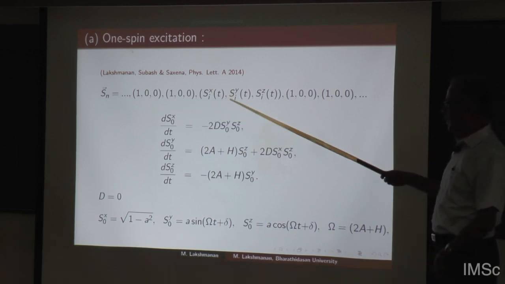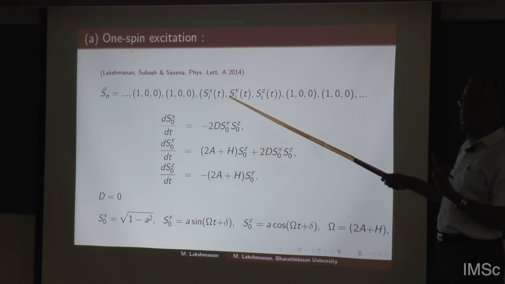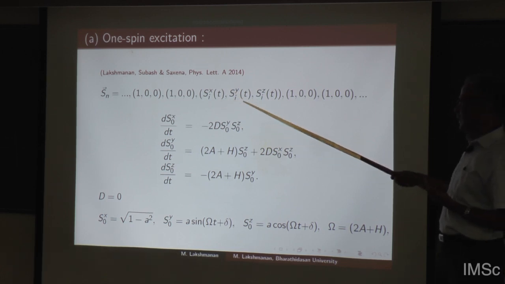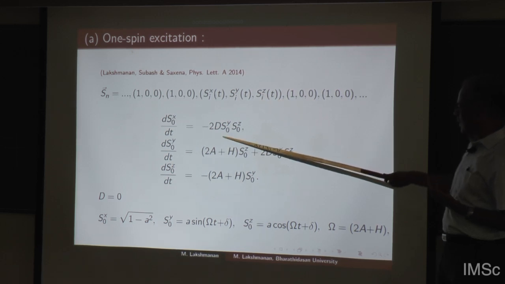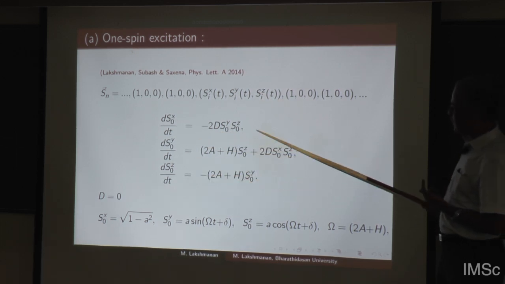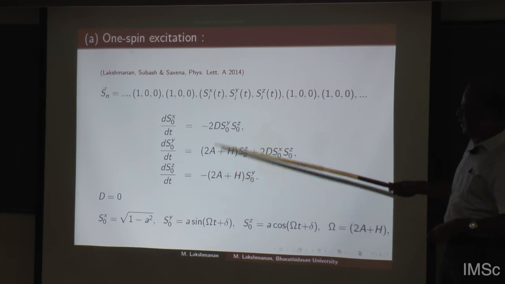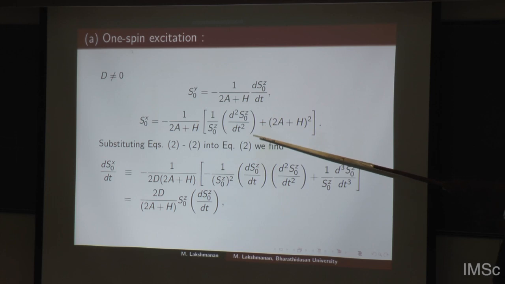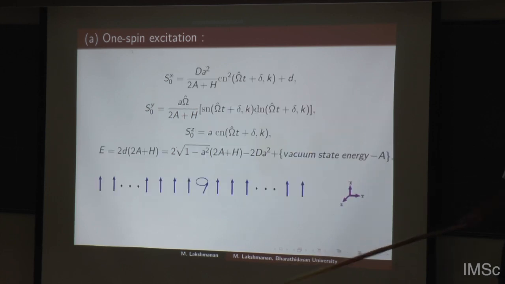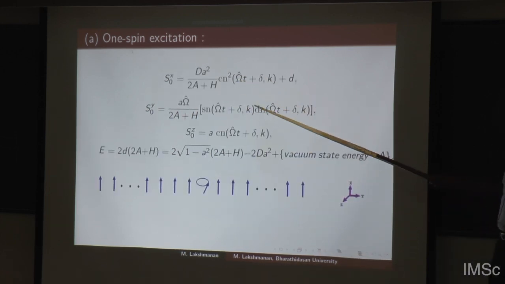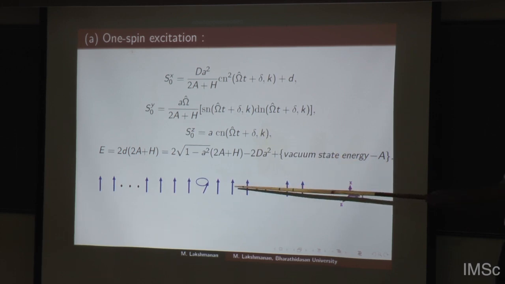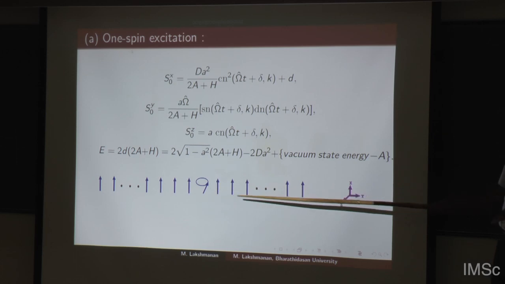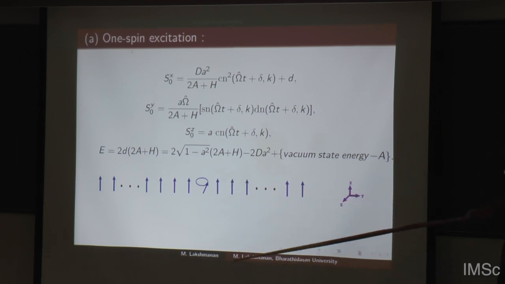For example, you can find solutions where only one spin oscillates. Then you have this evolution equation, which can be rewritten, and you can find the exact solution in terms of elliptic functions, where only one spin is excited and the remaining spins are constant.